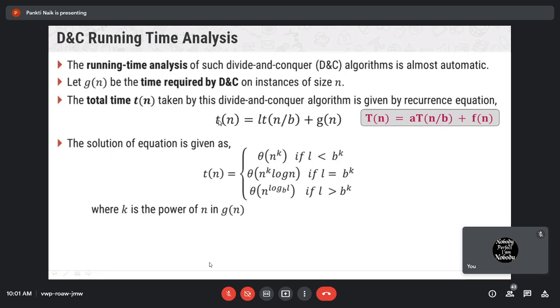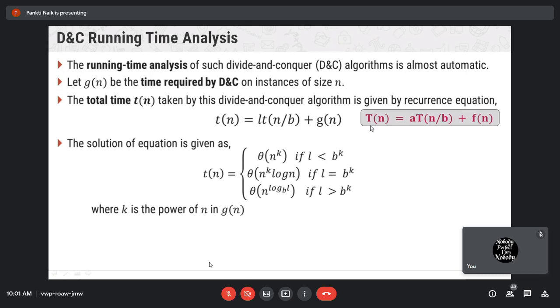Right now you just remember this thing: let T(n) be the time required by divide and conquer on an instance of size n. So the total time T(n) taken by the divide and conquer algorithm is given by this recurrence equation. The recurrence equation is a part of your chapter number 2. So consider this the recurrence equation for a divide and conquer algorithm.